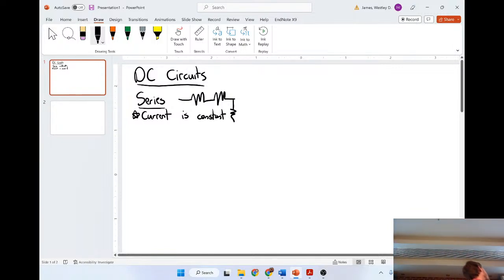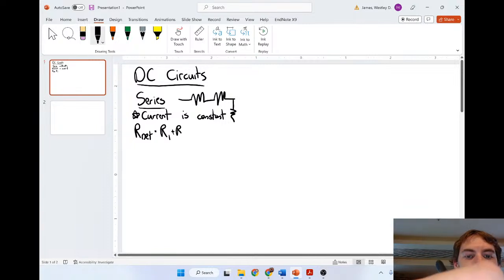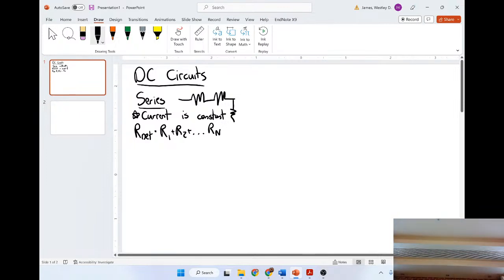In series, current is constant. And the net resistance will be R1 plus R2 plus blah, blah, blah, however many are together. While I'm pointing out, and as always, I'll also post this entire, whatever I do today will get posted online.